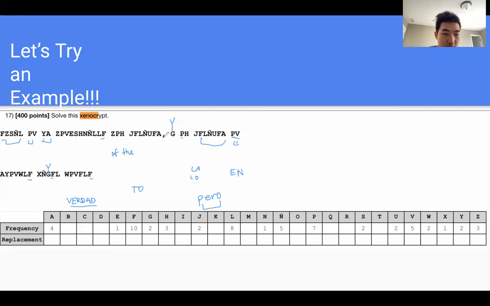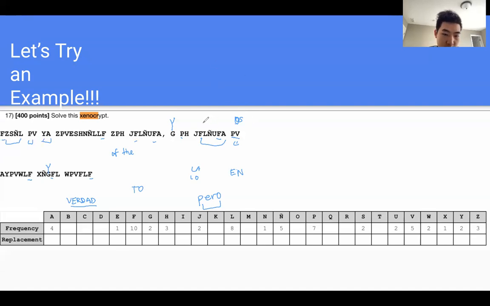We also have A ending a word. But F is consistently either last or second to last. And why am I including second to last is because if you have a plural word, then it could be like OS, right? And then this could be what F is, or like AS or something.